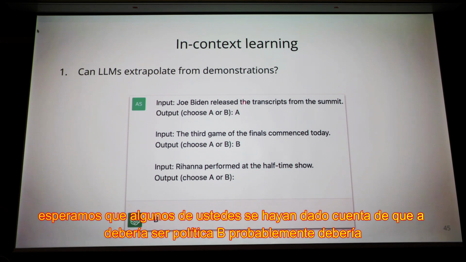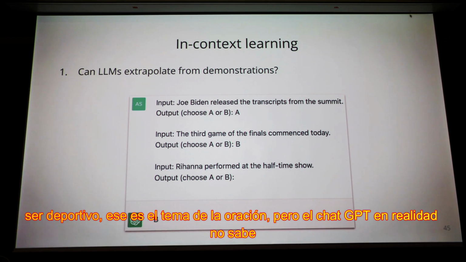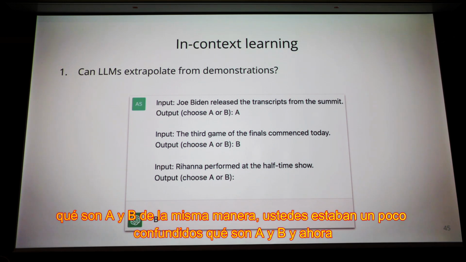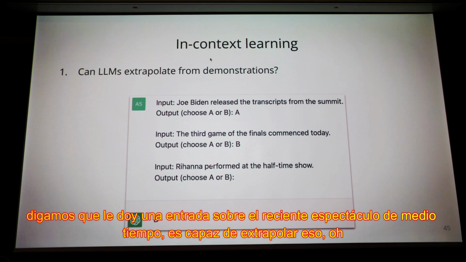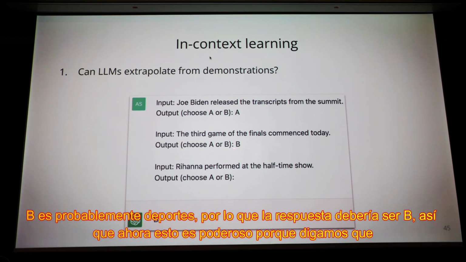Hopefully some of you realize that A should be politics, B should probably be sports. It's the topic of the sentence. But ChatGPT actually doesn't know what A and B are, the same way you were slightly confused about what A and B are. And now, let's say I give it an input about the recent halftime show. It's able to extrapolate that, oh, B is probably sports, so the answer should be B.